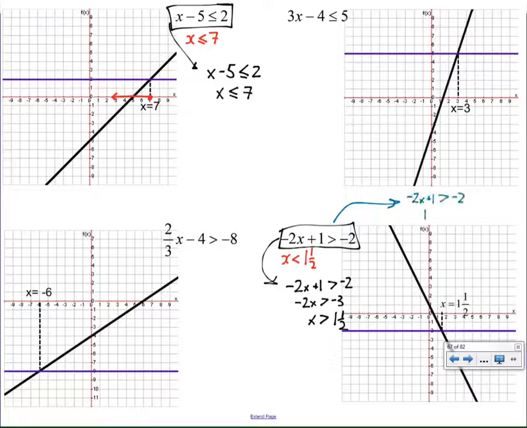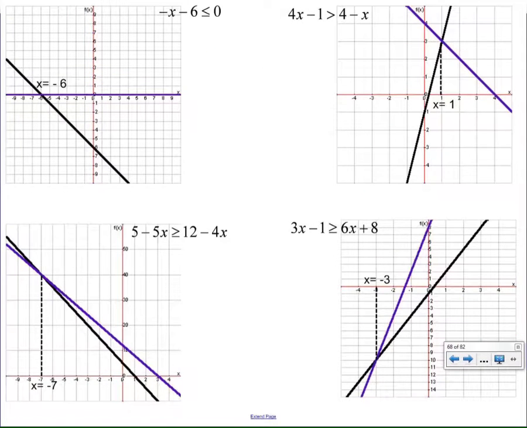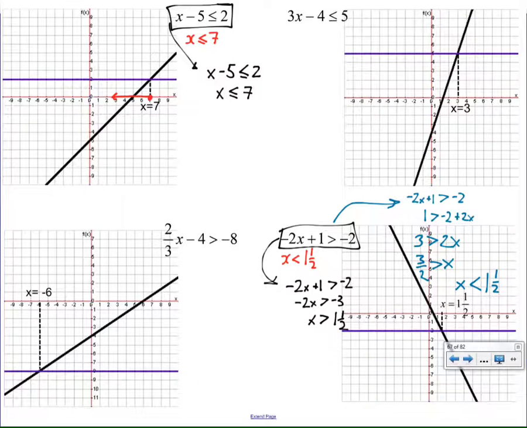Now if I look at this equation from a different approach, I'm going to add 2x to both sides, then add 2 to both sides, and then divide by 2. That creates the correct solution, x less than 1 1/2. That's what we discovered from the graph earlier. So here we see some ambiguity.